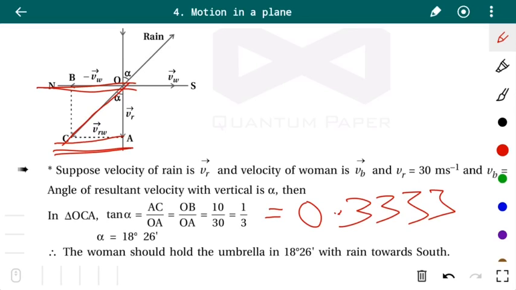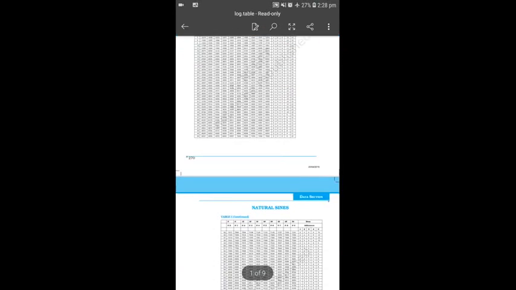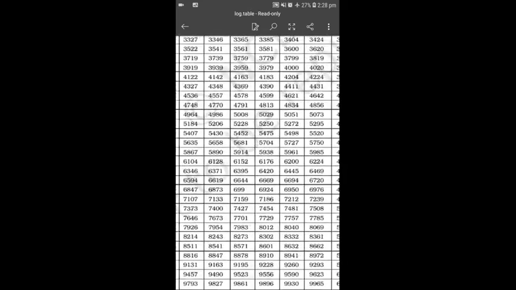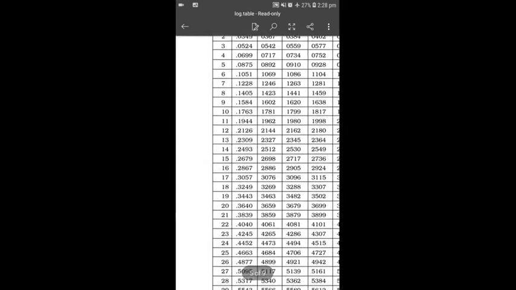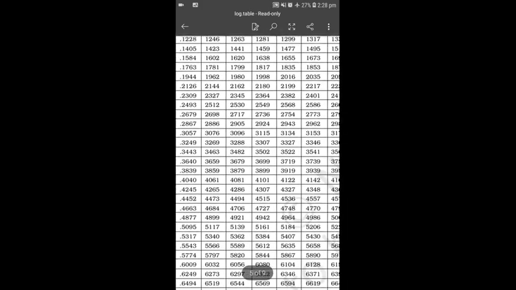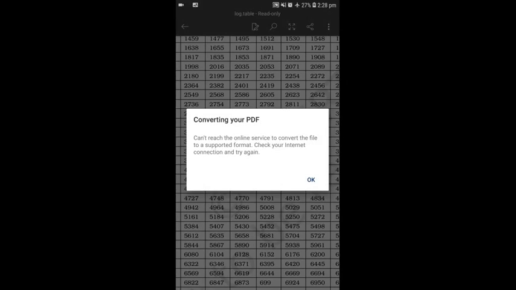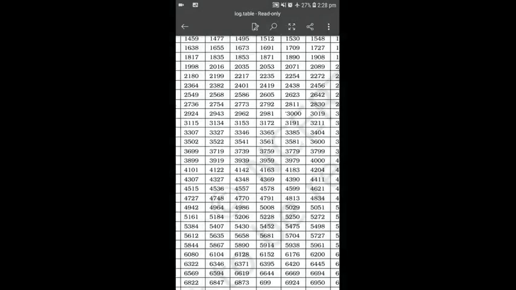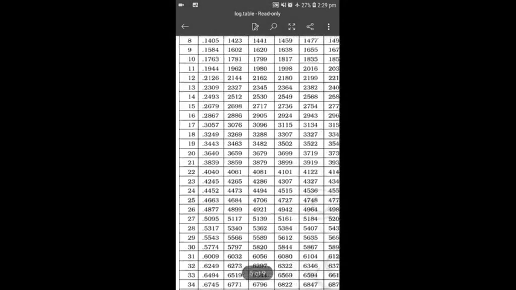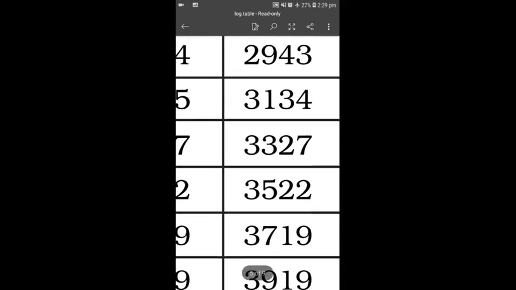So let us see. In the natural tangent table, the value is 0.3333. Here we are having the value 3327.